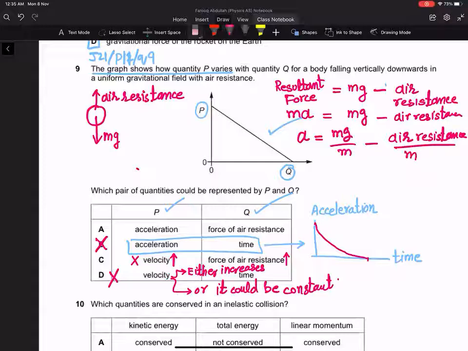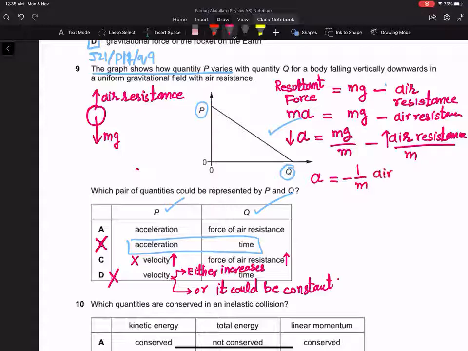So there are two variables. The air resistance is the independent variable and the acceleration is the dependent variable. Everything else is constant. So the equation for acceleration becomes a is equal to minus 1 over m times air resistance, and then minus g. We have simplified the above equation.